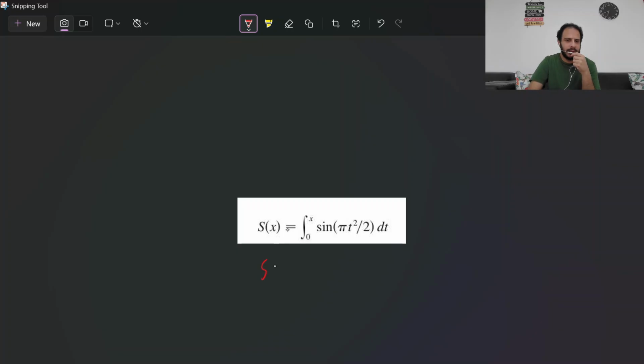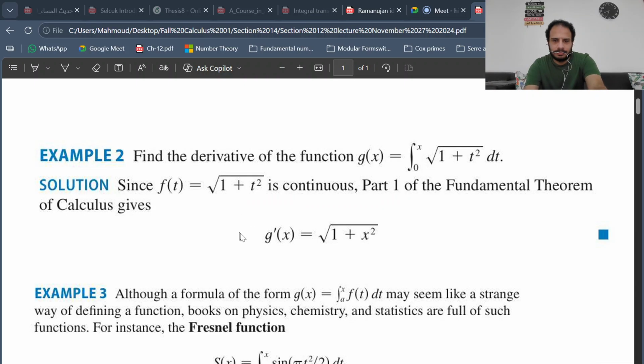S prime of x equals what? Sine of pi x squared over 2. Thank you.